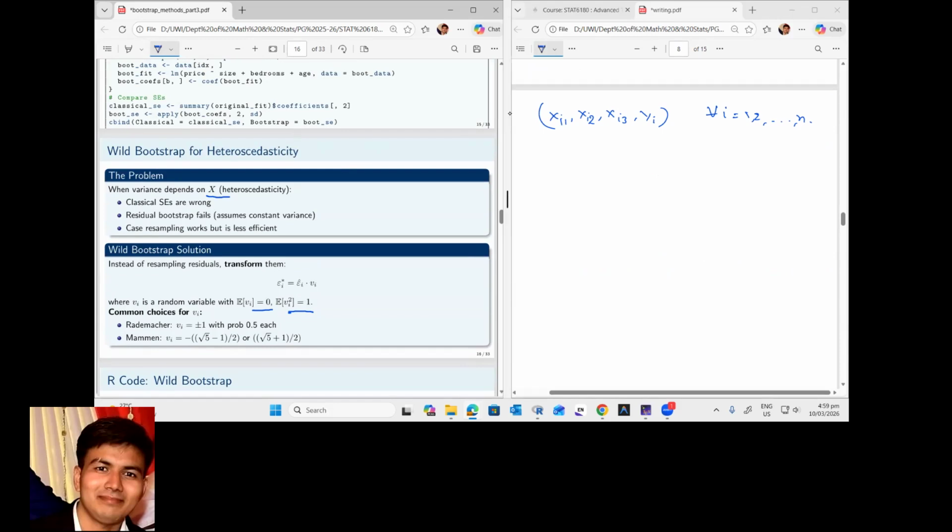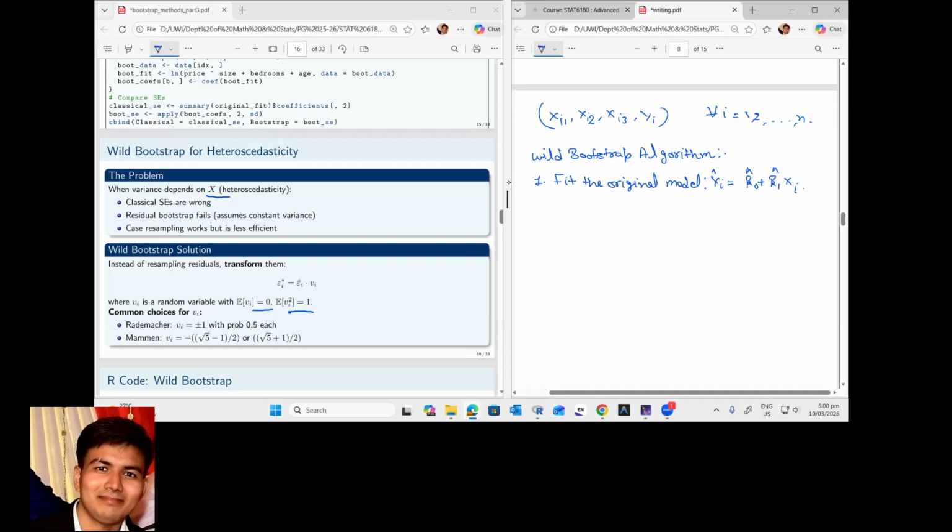So in the wild bootstrap algorithm, the first step remains similar to regression models: fit the original model, that is yi cap equals beta naught cap plus beta 1 cap xi.